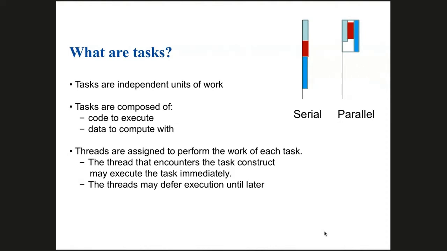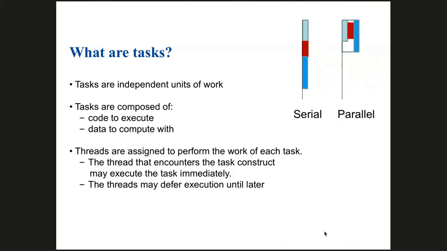Certainly, the tasks do not all run evenly. Some may finish in a shorter time. The thread will be assigned to perform the work of each task. The thread that encounters the task construct can execute the task immediately, or the thread may defer execution until later.